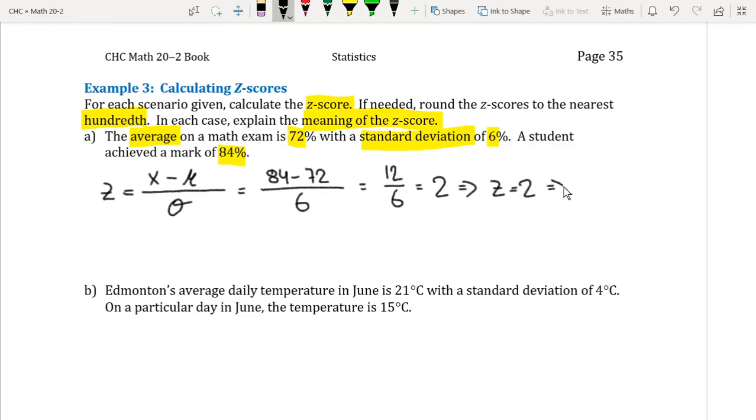And in this context, what that means is that the student's mark is 2 standard deviations above the class mean.